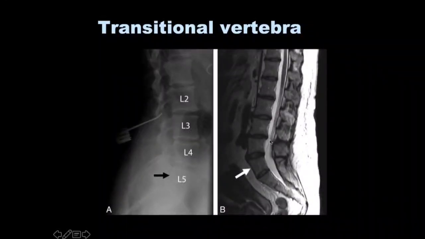The way we describe it is that if you think that there is a subtle abnormality in that area and you don't know whether this is an S1 vertebra which forgot to fuse to the sacrum, or an L5 vertebra which is partly fused with the S1, we call that a transitional vertebra.